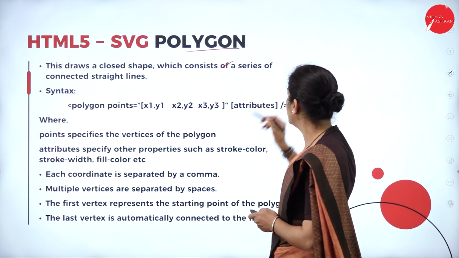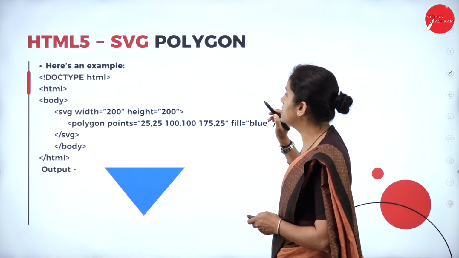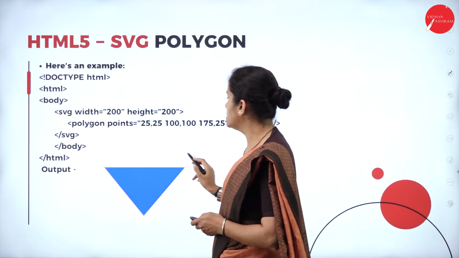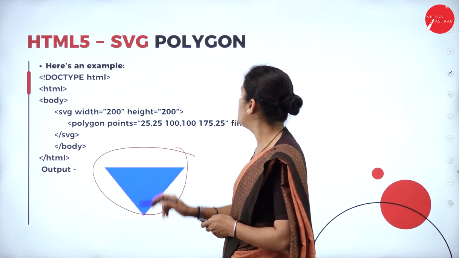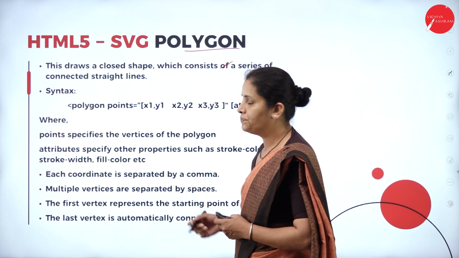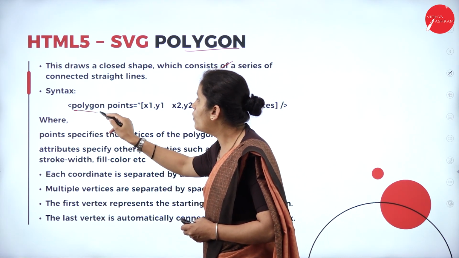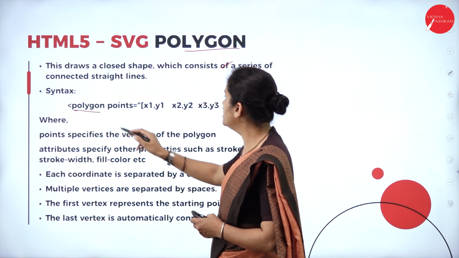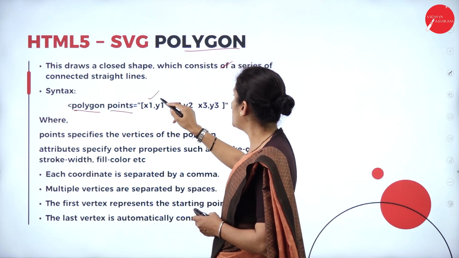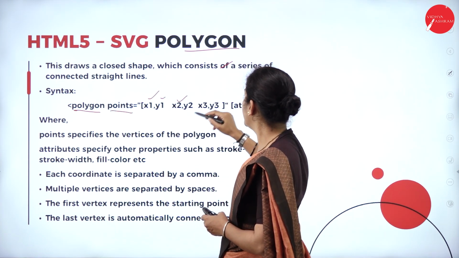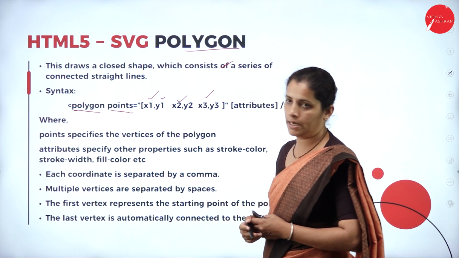So what is polygon? See here, if I consider the image, this is nothing but the image of the polygon. To draw the polygon, I have the points x1, y1, x2, y2, x3, y3.